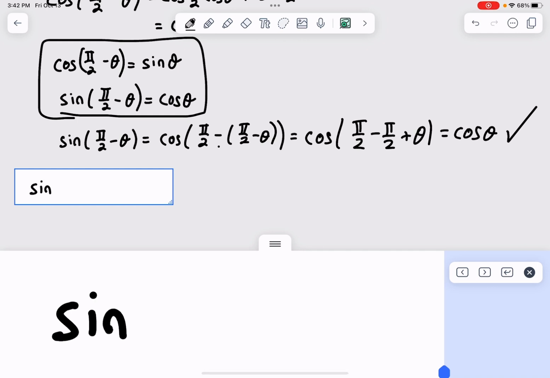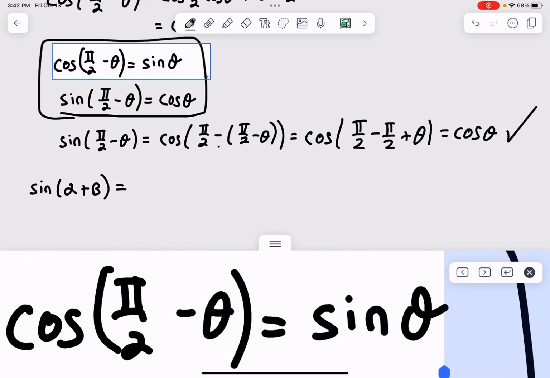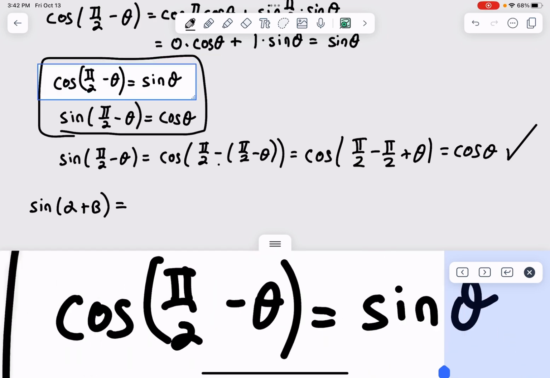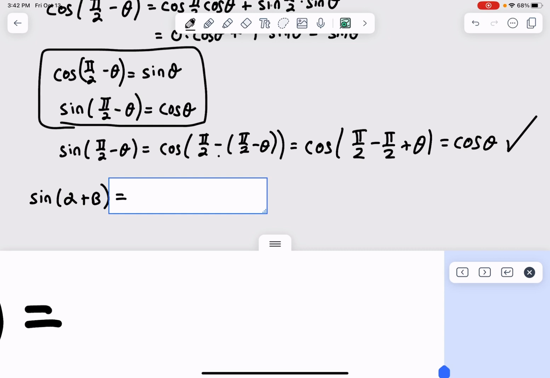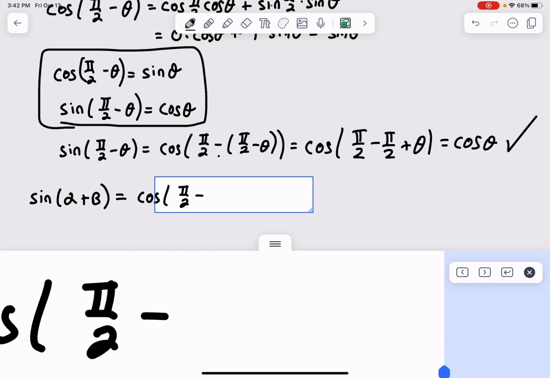What is sine of a sum of two angles? Well, this identity here says sine of anything is cosine of pi over 2 minus that anything. So sine of alpha plus beta is going to be cosine of pi over 2 minus alpha plus beta.